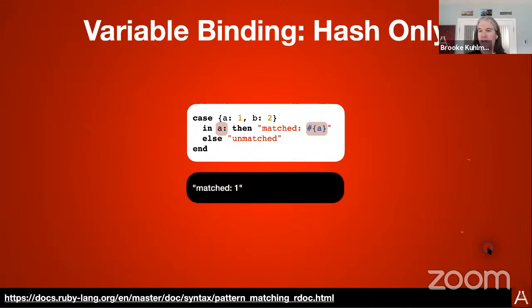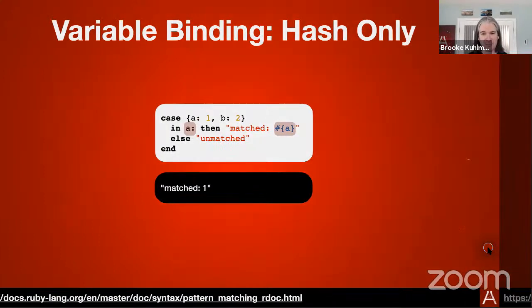And I'll go ahead and use A as a key to automatically become my local variable, and so I can just spit that out. Again, this is really neat. If you like the structure of your hash that's coming in and you don't have any problem with the keys, you can just use those keys as local variables and continue on in your code. The other thing I should point out is if you don't like the keys, it's a nice way to transform your keys. Granted, we have transform_keys on hashes today in Ruby, which does the same thing, but it's kind of cool that you can do that in pattern matching too.